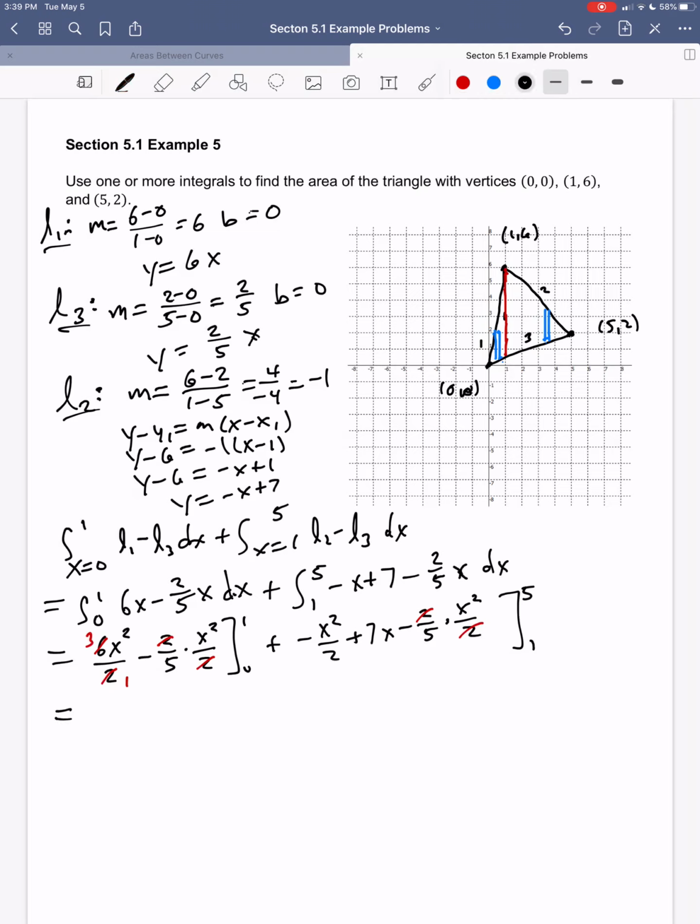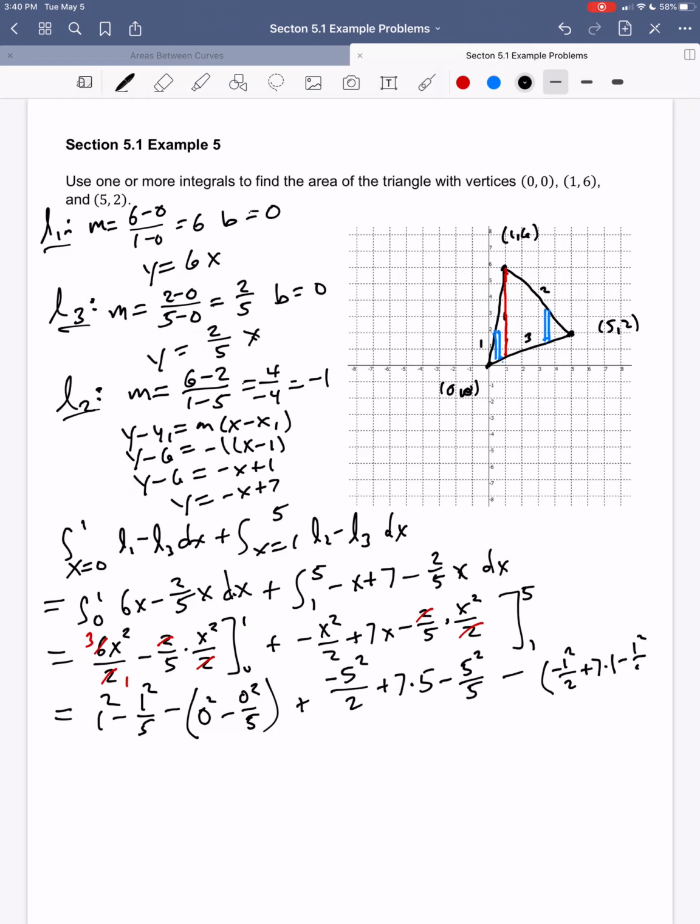So we plug in 1. 1 squared minus 1 squared over 5 minus 0 squared minus 0 squared over 5, all in parentheses, plus negative 5 squared over 2 plus 7 times 5 minus 5 squared over 5 minus, now I plug in 1, negative 1 squared over 2 plus 7 times 1 minus 1 squared over 5.